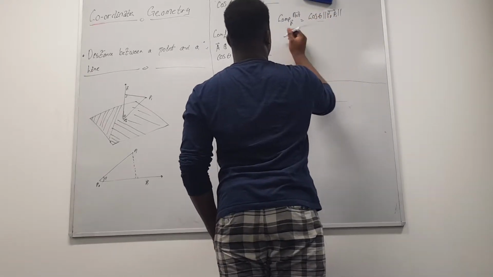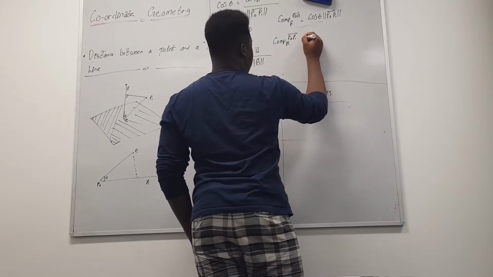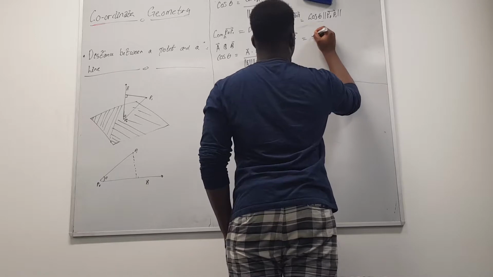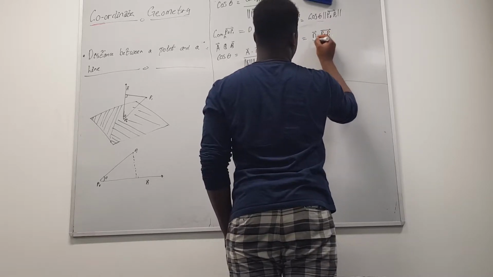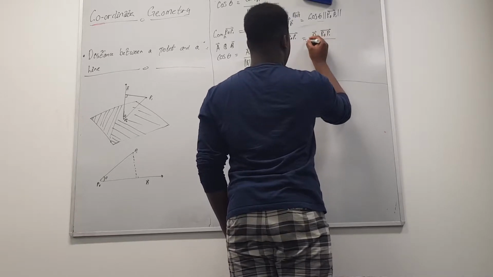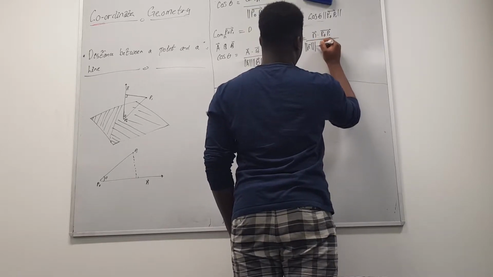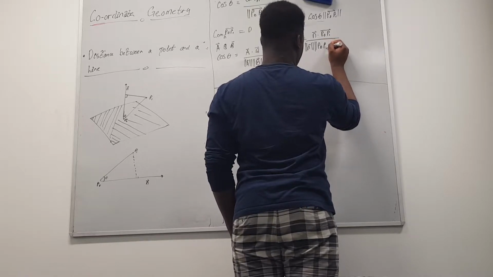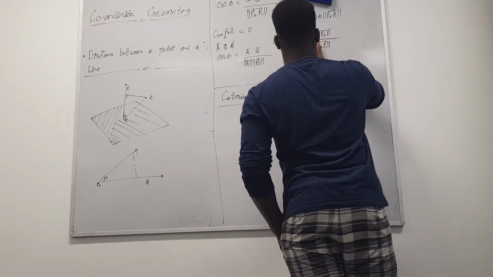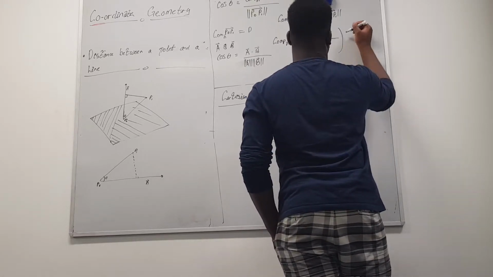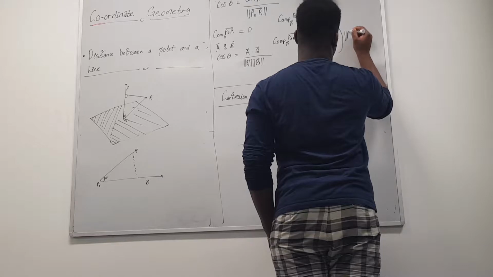So we can actually express the component of P0P1 on N as equal to A dot B, so it's going to be N dot P0P1, divided by the magnitude of N times the magnitude of P0P1, and all of that is multiplied by the magnitude of P0P1.